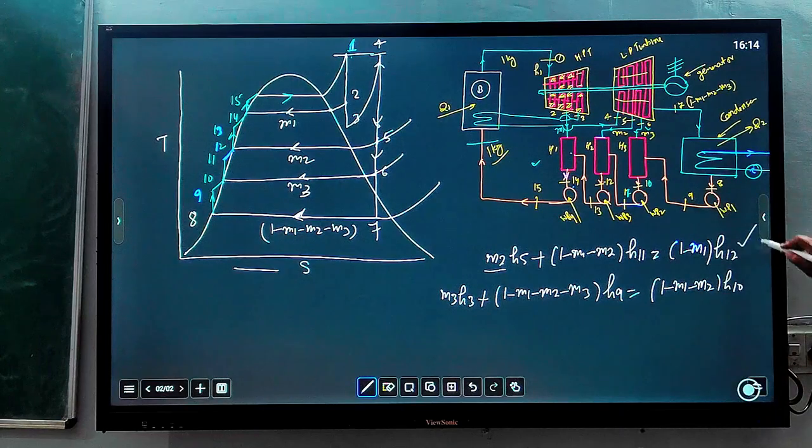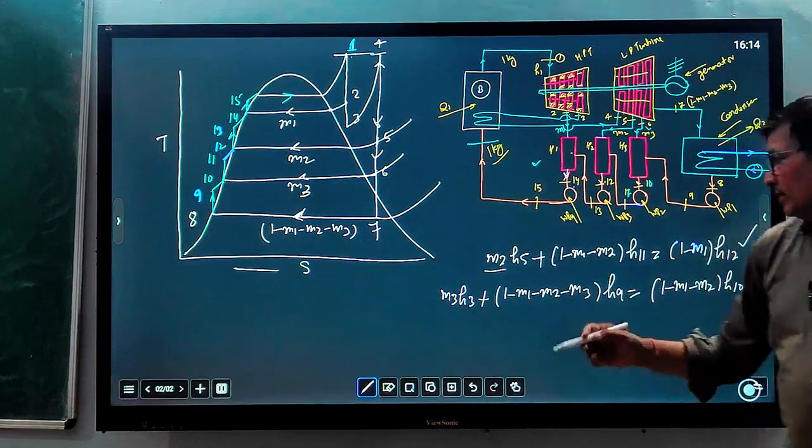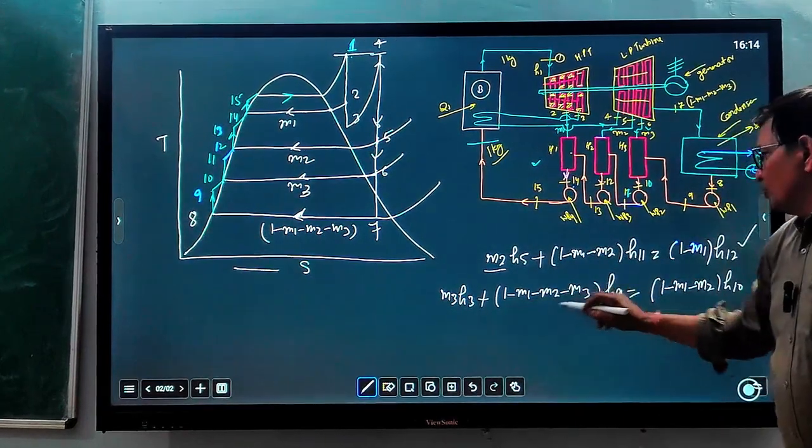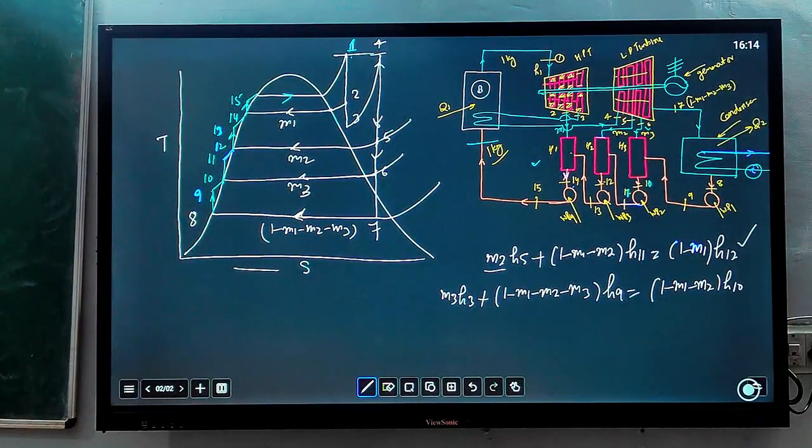From this equation you can find M3, and from the earlier equations you get M1 and M2. Putting the values of M1 and M2, you can get M3. So this is the way of writing energy and mass balance equations.